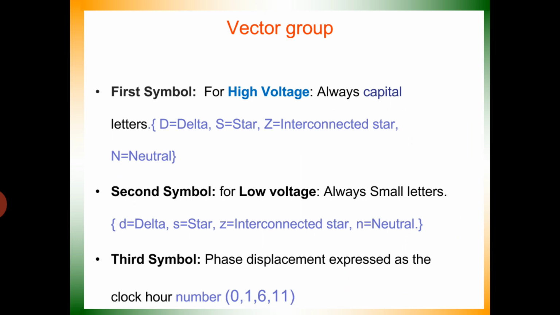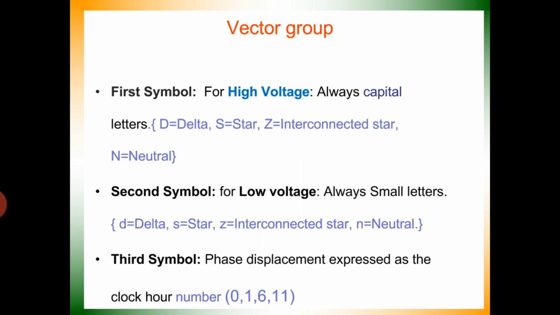The second symbol in the vector group is used for low voltage, and that letter is always small, for example small d for delta, small s for star, small z for interconnected star, and small n for neutral. And third is the numerical value, which gives the phase displacement between low voltage and high voltage, meaning numerical values 0, 1, 6 and 11.